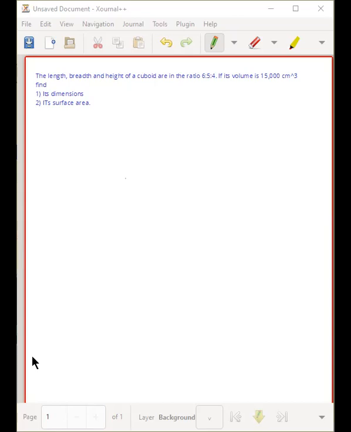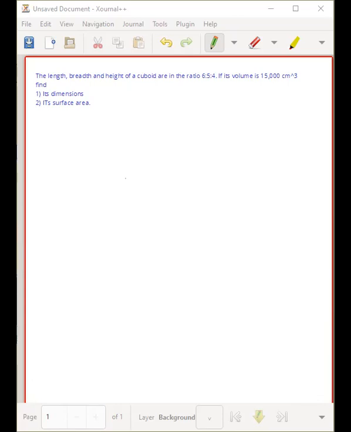Krishna, what happened? Why are you looking blank? You know how to solve ratio problems, Krishna? Yes or no? You know how to do ratio related problems?